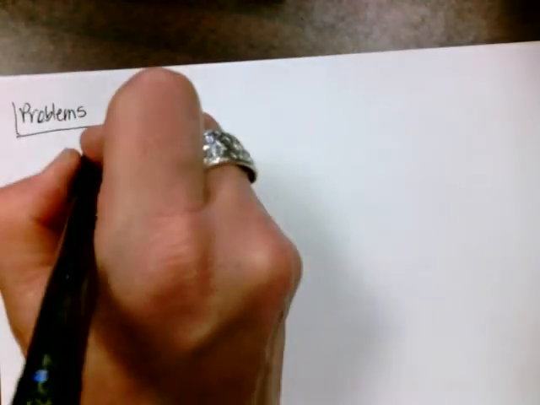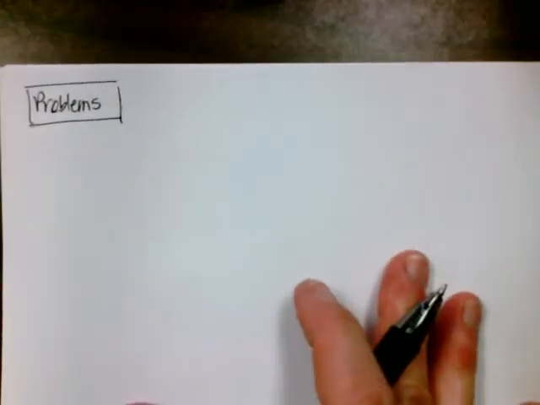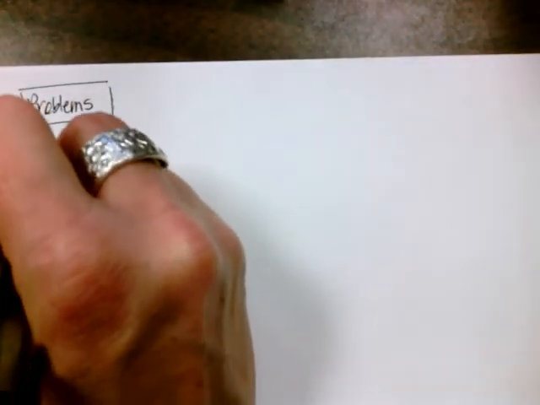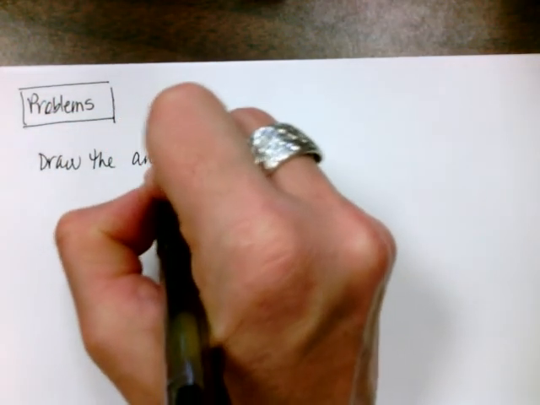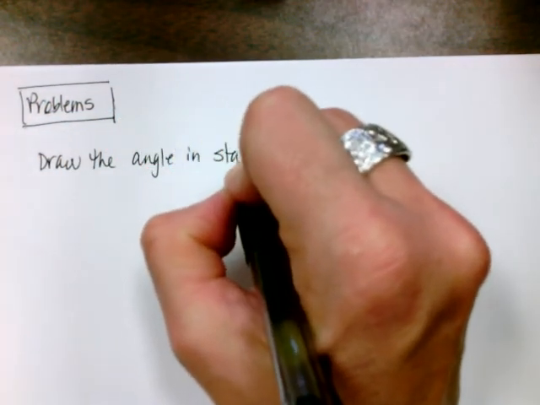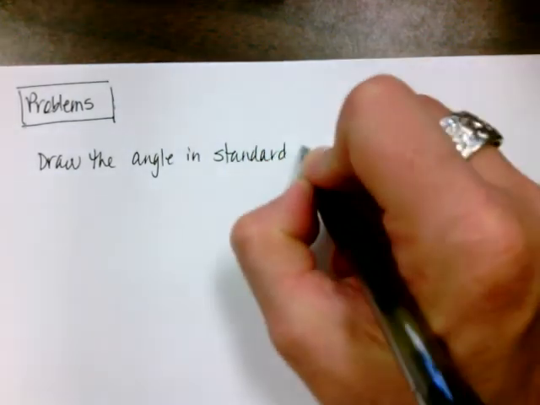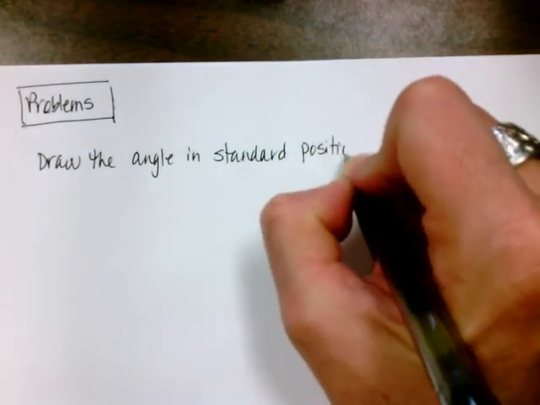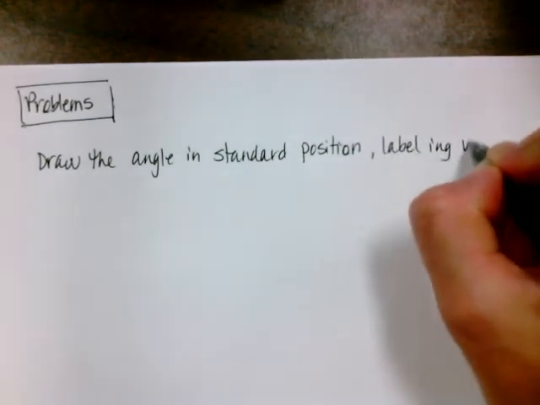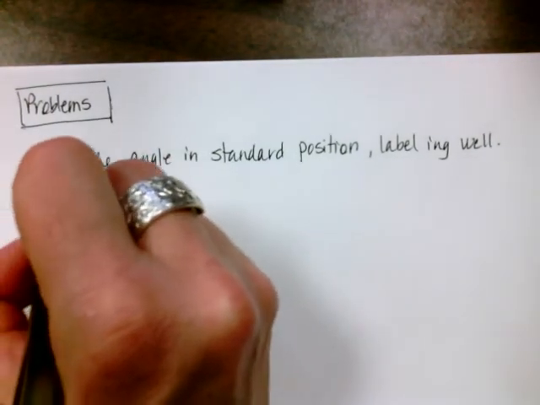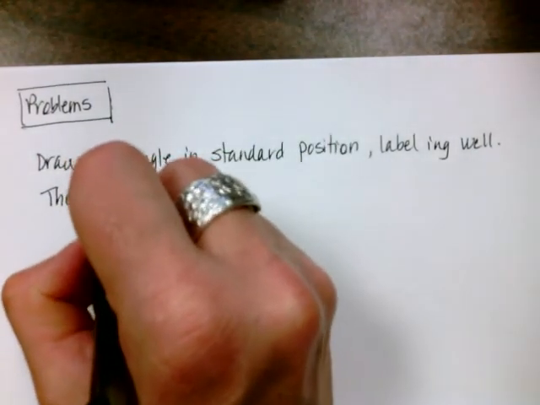This really is one of my absolute favorite chapters of math. This one and logarithms I think are probably my 2 favorites. All right, so now your first problems say draw the angle in standard position, labeling well. You can go back and look at the video if you need to know how to label, or look at your notes, because in theory you're taking good notes from the video.